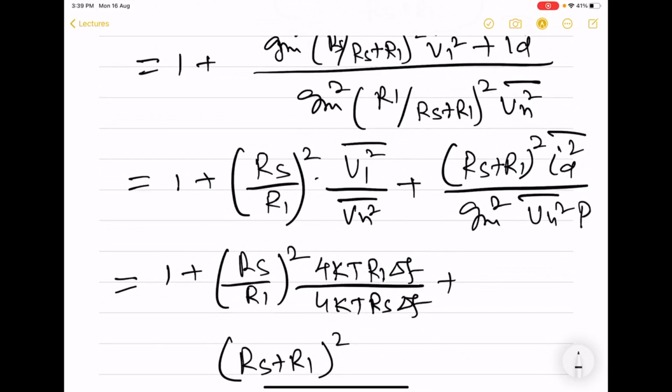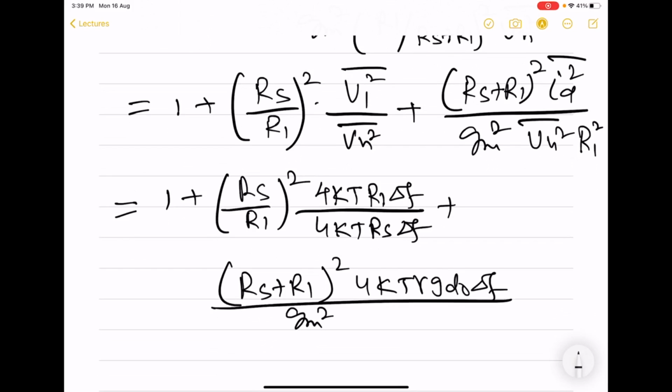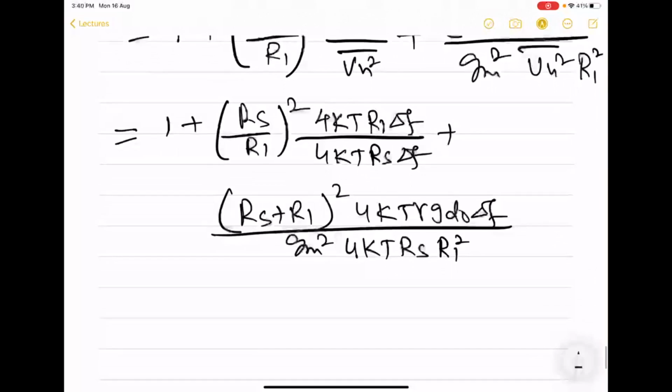So there will be R1 also in the denominator. 4kT gamma GD0 delta F divided by Gm square 4kT Rs R1 whole square. So this becomes 1 plus Rs by R1. Everything else cancels out.